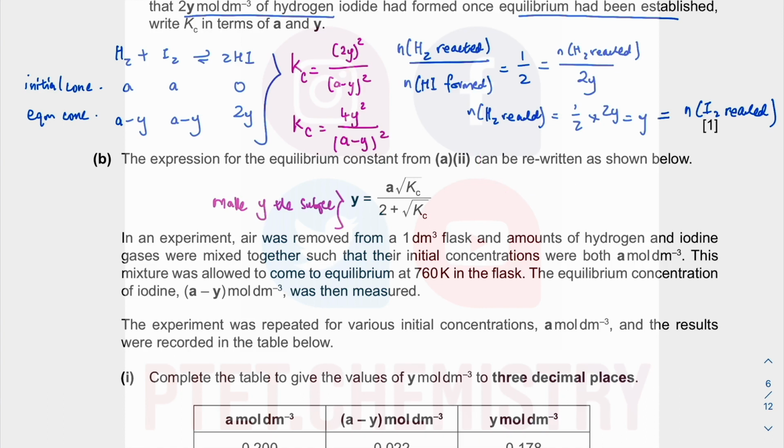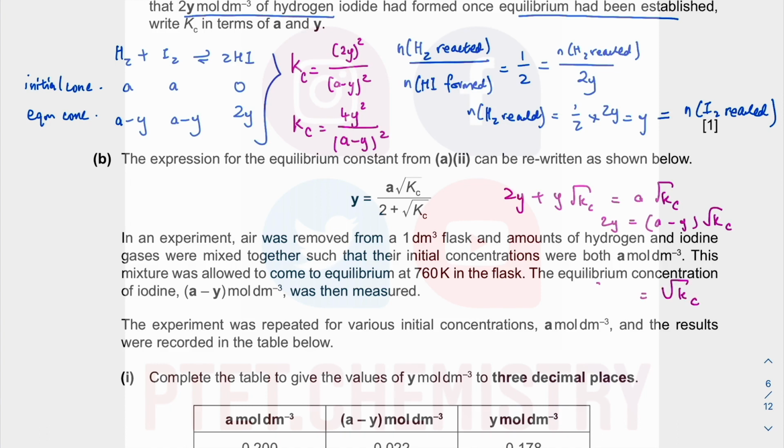What I'll do is, because here you see a y on top and y at the bottom, it's not easy to make y the subject. See what I can do here. 2y plus y Kc is equal to A Kc. So A minus y Kc is equal to 2y. Then Kc is equal to 2y over A minus y.